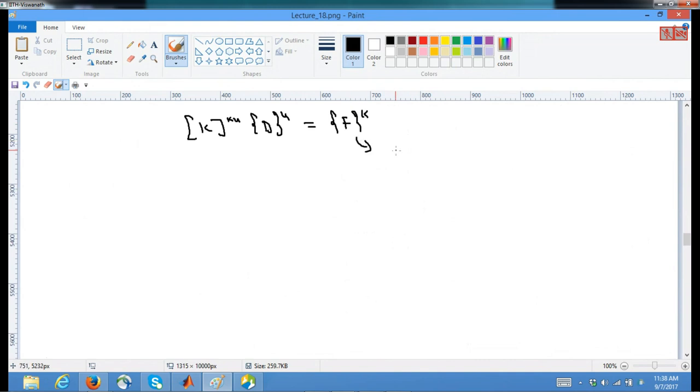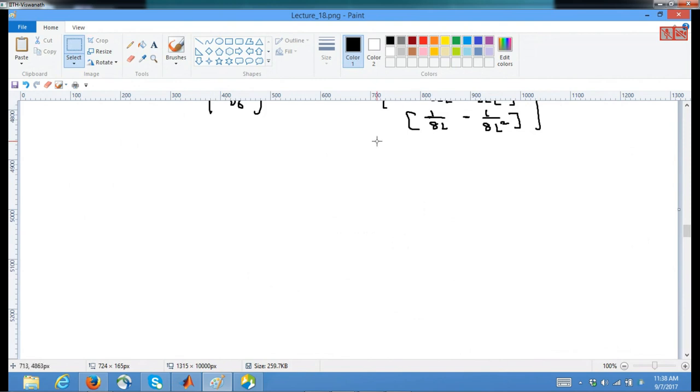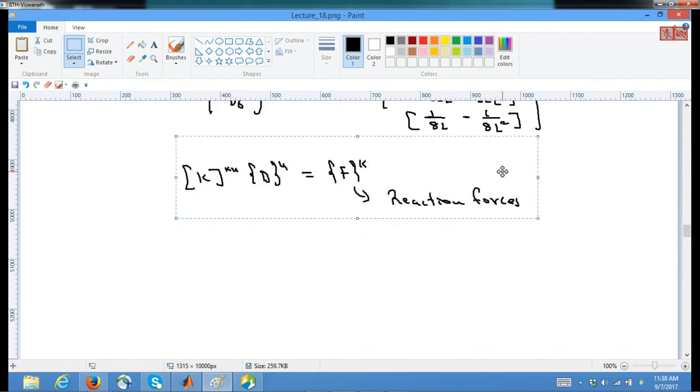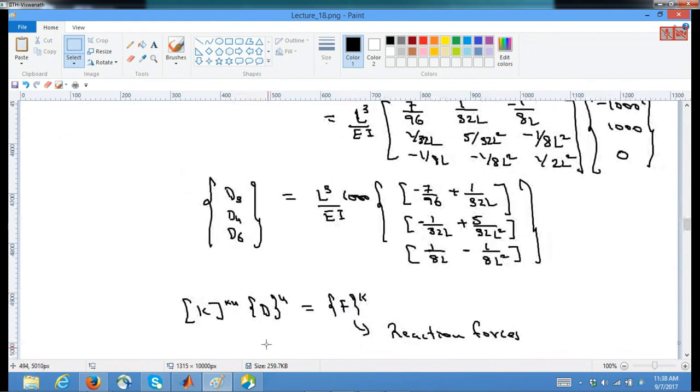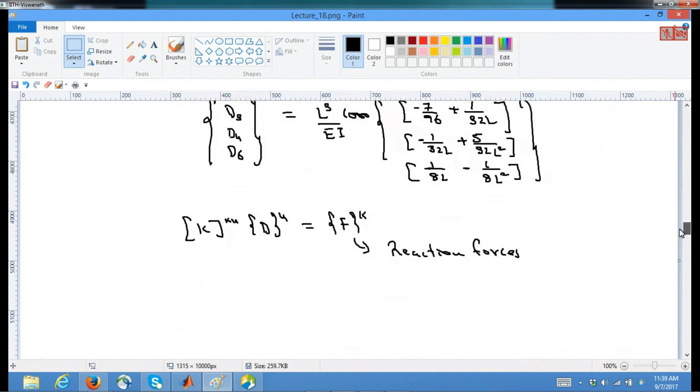These are nothing but your reaction forces. Since you obtained your du just above, and your kku is given by this, you can determine wholly just by multiplication what your reaction forces are. With this we'll complete the first problem.